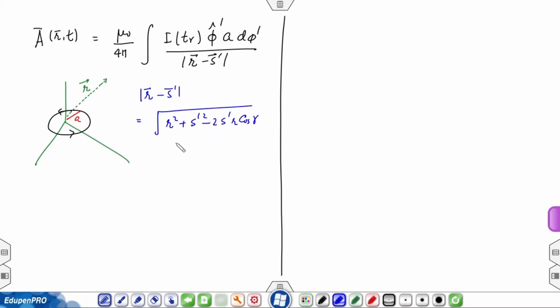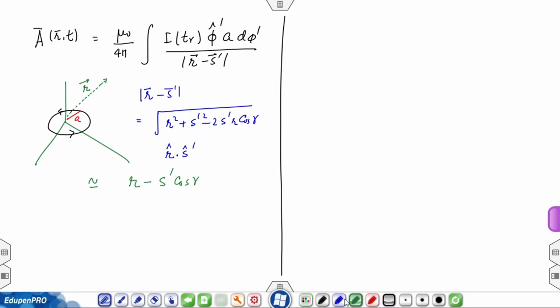You can also write this as the angle between r unit vector and s prime unit vector. And this approximately, because s prime is much smaller than r, is given as r minus s prime cosine gamma.